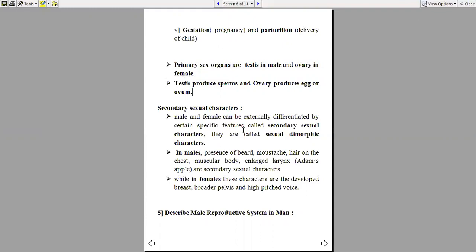Testes produce sperm and ovary produces eggs or ovum. Primary sex organs in males is testes and in females it's ovary.